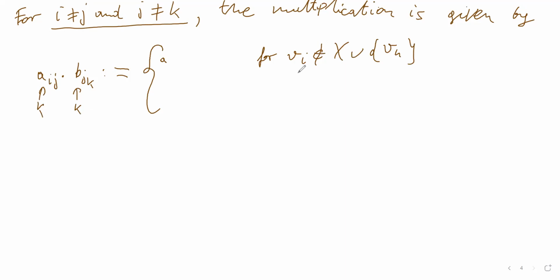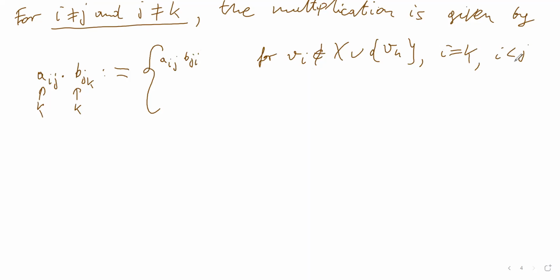And in fact, when we have this situation, that Vi satisfies this property, and i is equal to k, and i is less than j, then we have Aij times Bji, because I'm taking i equal to k equal to i.